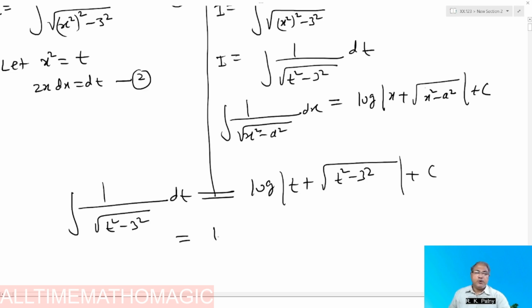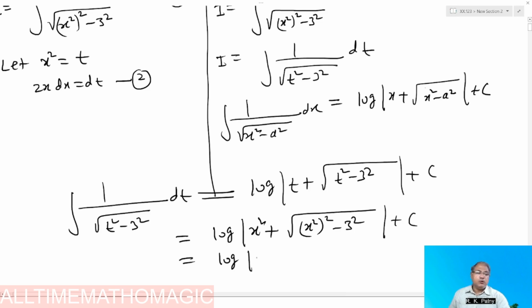What is the t value? T value is nothing but x square. Therefore it is log of modulus of x square plus under root of x square whole square minus 3 square, plus c. This is equal to log of modulus of x square plus under root of x raised to 4 minus 3 square, plus c. This is the required result.